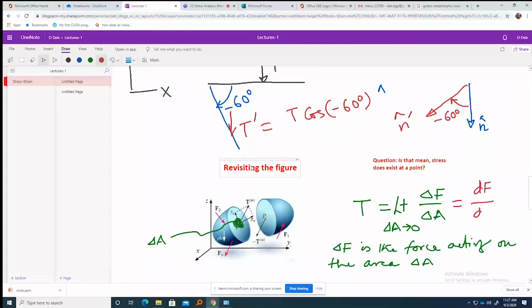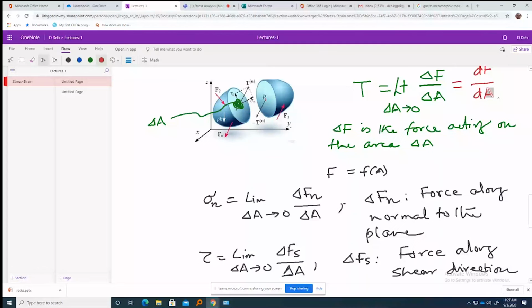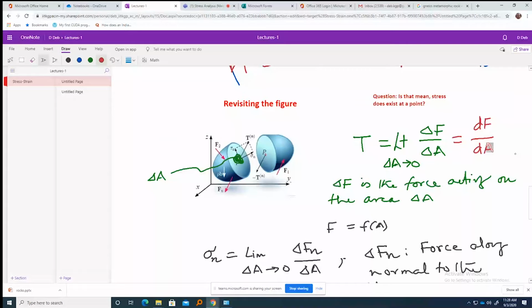Okay, this is also written like this. Basically, this is the actual definition of traction: the change of force on any surface with the change of area. Okay, that is what traction is. So in other words, the force will be a function of area, definitely. So now you tell me, if this is the case, is this a true statement?